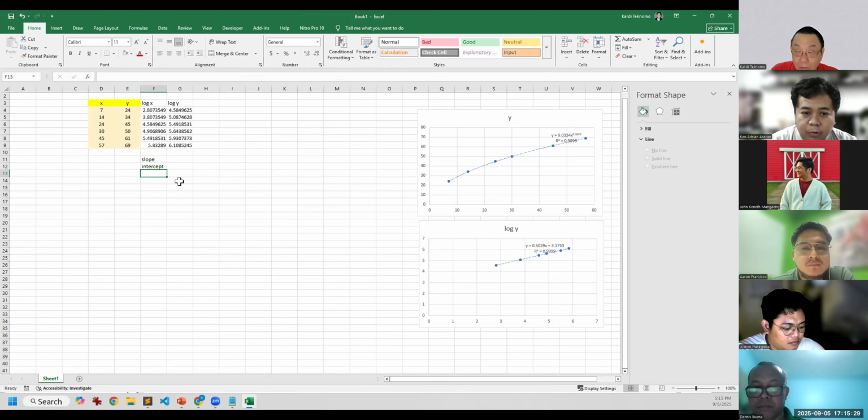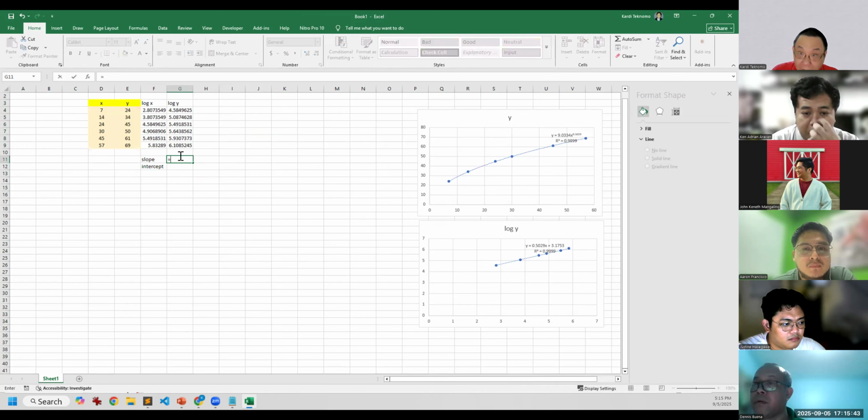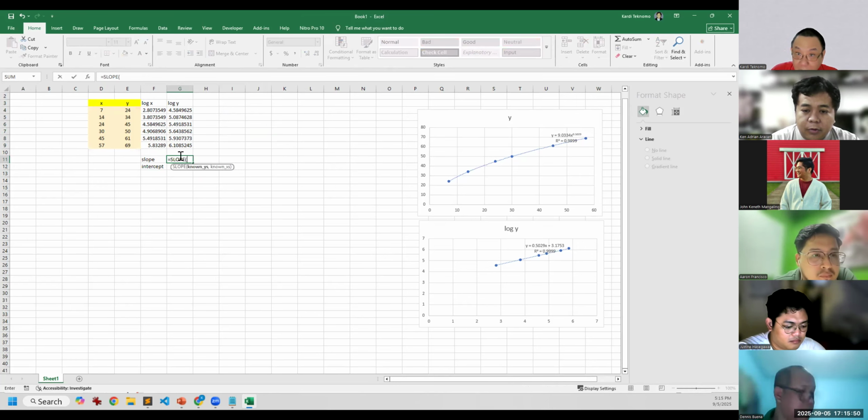What we use is not the slope and intercept of the original data. We use the slope and intercept of the transformed data, which is log x and log y. So you use the slope function. Slope takes known y and then known x.